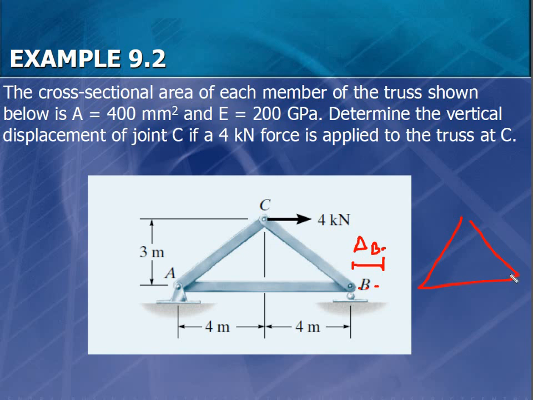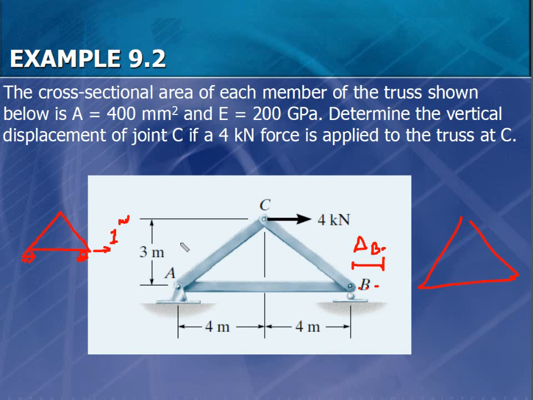Assuming I have the truss, with the supports in the same way, I remove the external load and apply 1 kilonewton in the direction of the delta that I want to find. This 1 kilonewton is going to create small n forces, so I have to analyze this truss for the 1 kilonewton to see what the force will be within those elements.